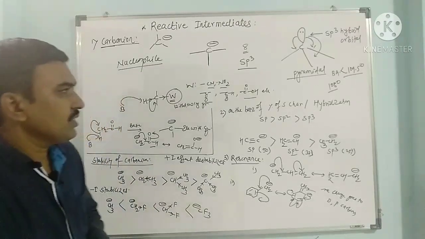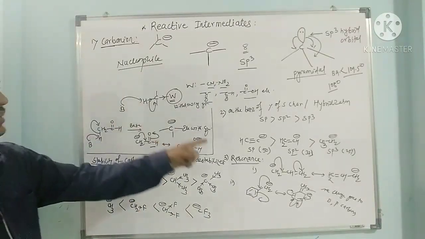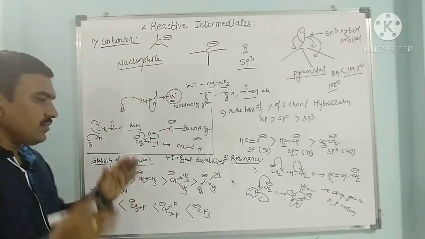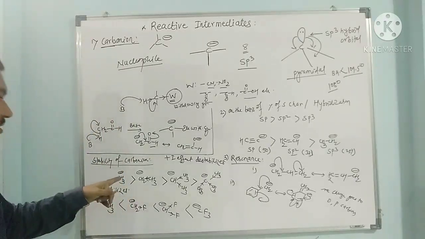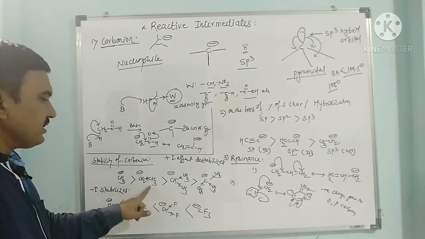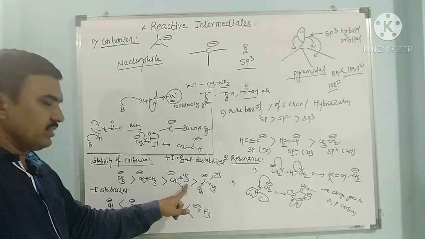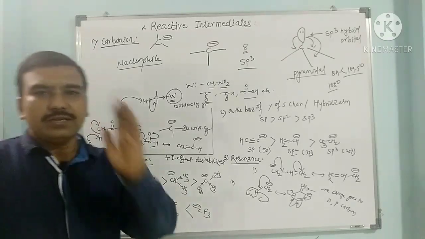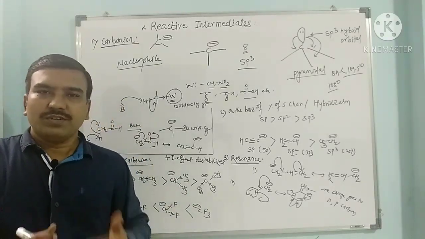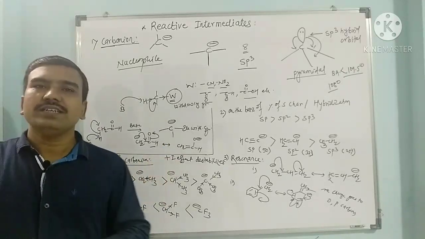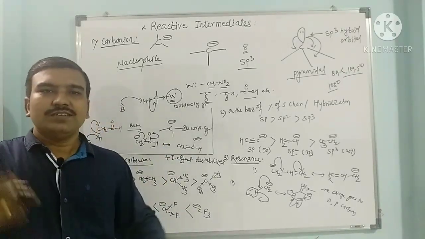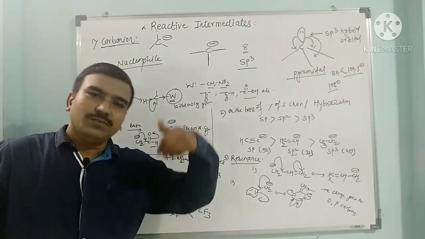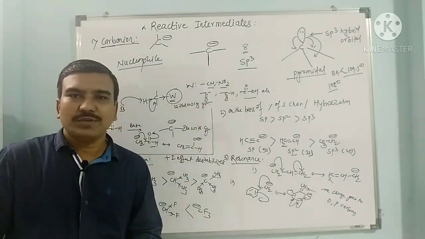So in this way we have seen the stability of carbanion. Primary carbanion is more stable than secondary, secondary more stable than tertiary. The primary carbanion is more stable because the plus I effect destabilizes carbanion. More electron donating groups increase electron density around the carbanion.